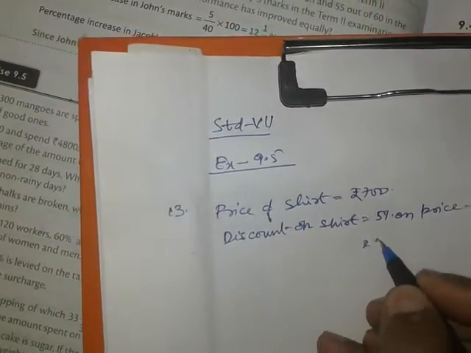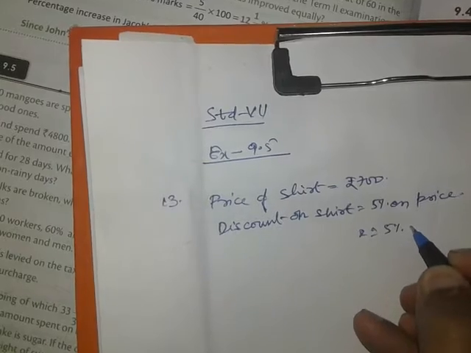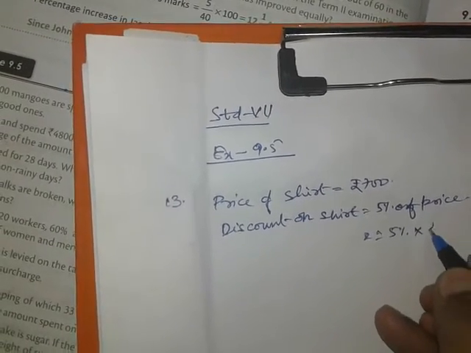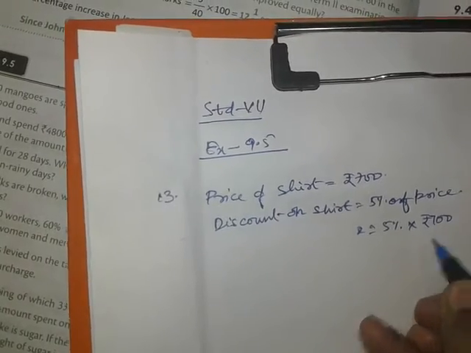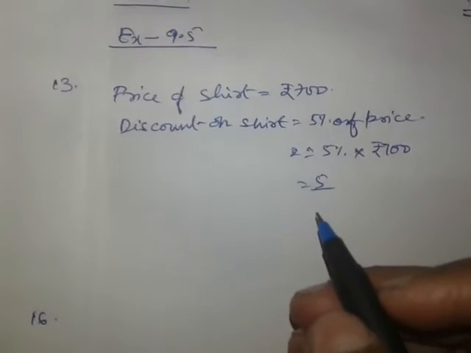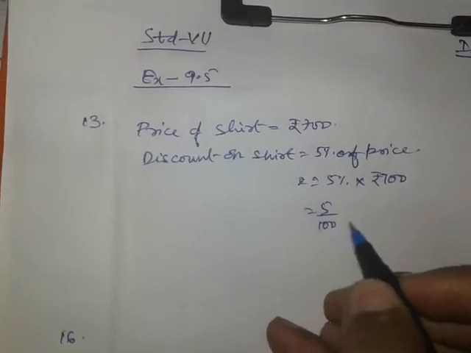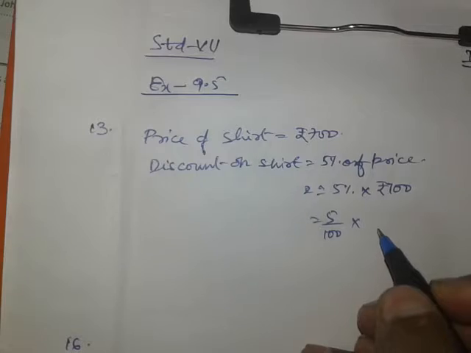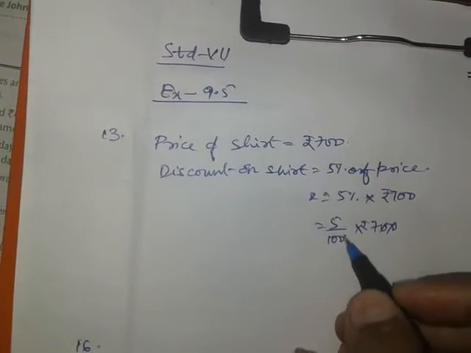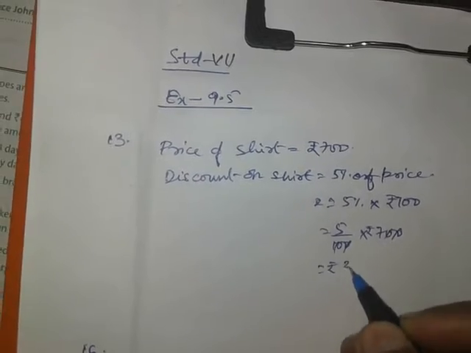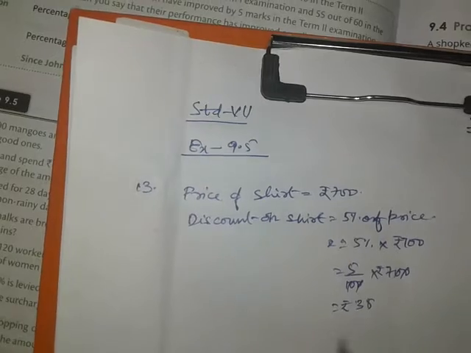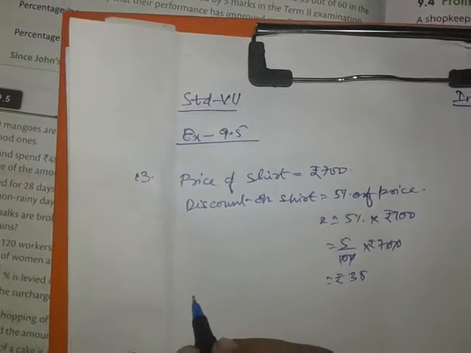So we find 5% of the price 700. You know how to change percent to fraction: we remove the percentage sign and divide by 100, and here it is 700 rupees. So how much do we get here? 35, which means 35 rupees is subtracted from the price.